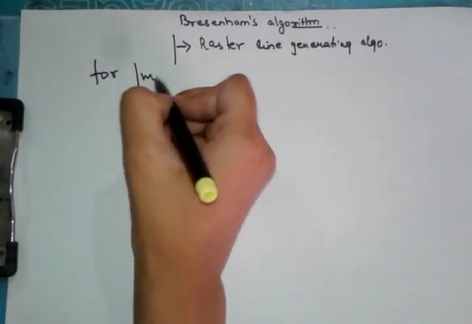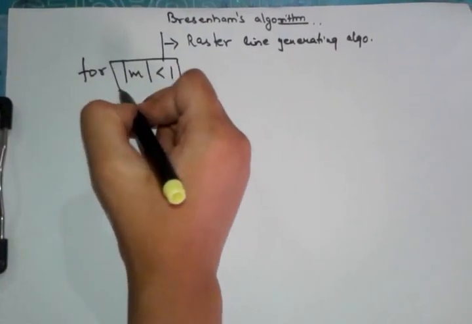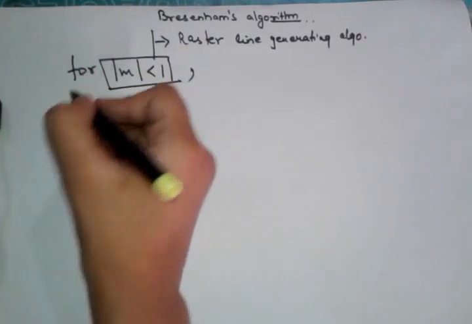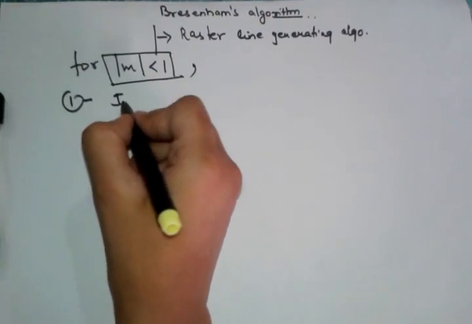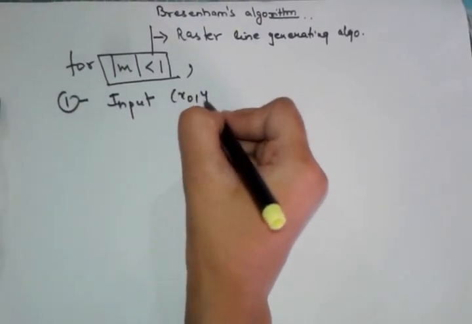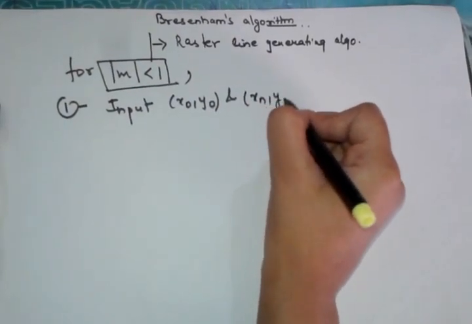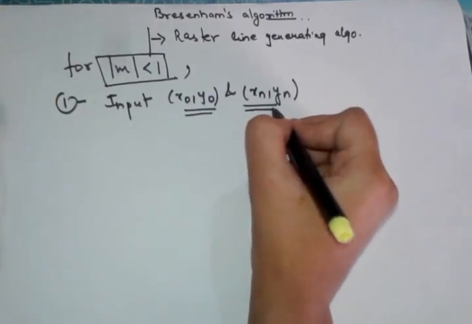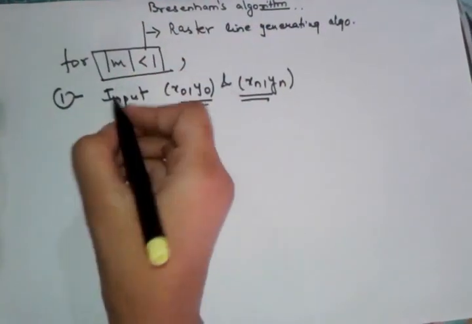For mod m less than 1, Bresenham's line algorithm is as follows. First step is we have to input x0, y0 and xn, yn. This is basically the initial and the end point of the line which we have to generate.